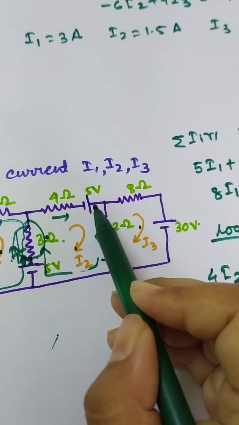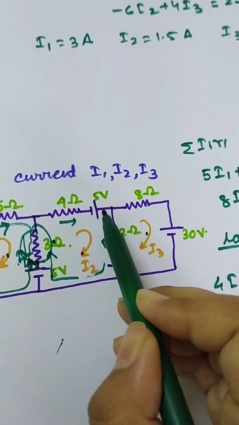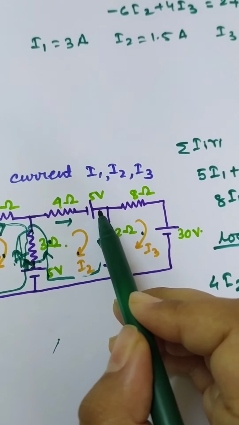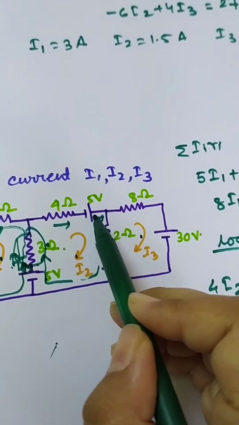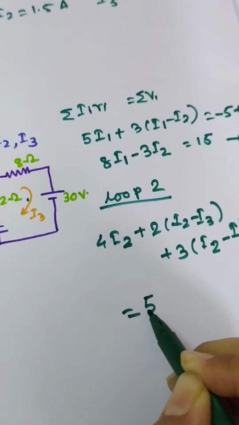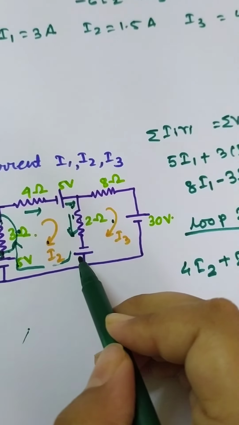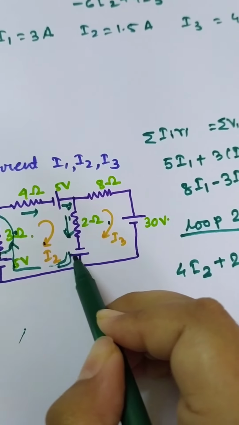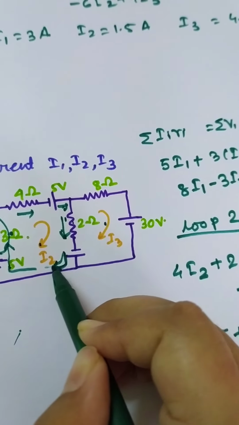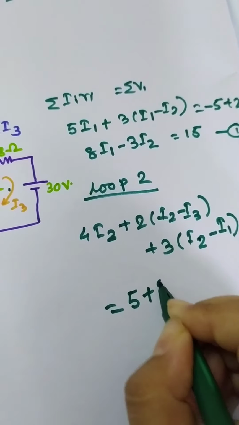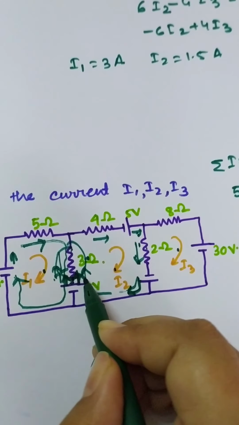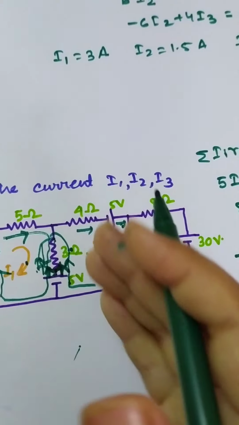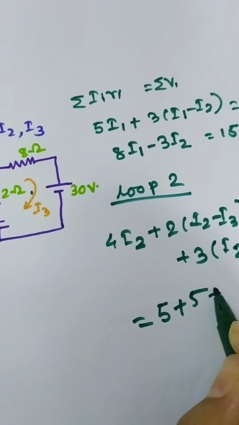Okay, so for EMF we have to consider that the current goes from the positive electrode, that is in this way. So it is the right direction, so this will be plus 5. Here also in this way it is going from the positive direction, so this is also 5, and here also the current is going in this direction, so this will also be 5.